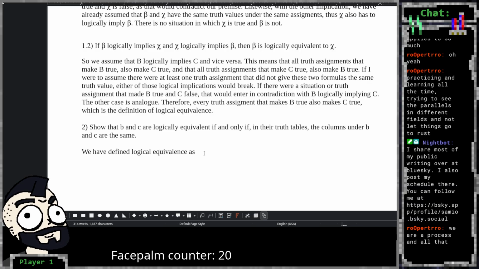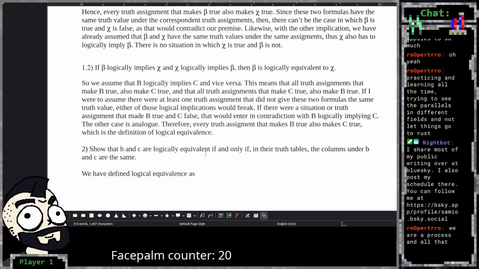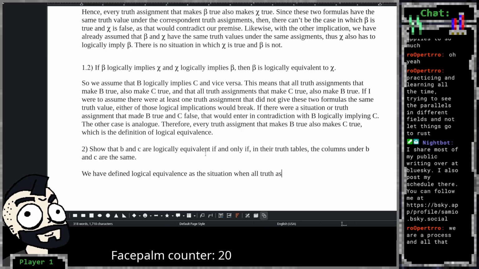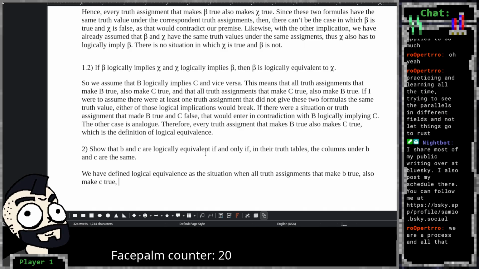Unlike logic, we are not in an unchanging environment of absolute binary truths. We have defined logical equivalence as a situation when all truth assignments that make B true also make C true.